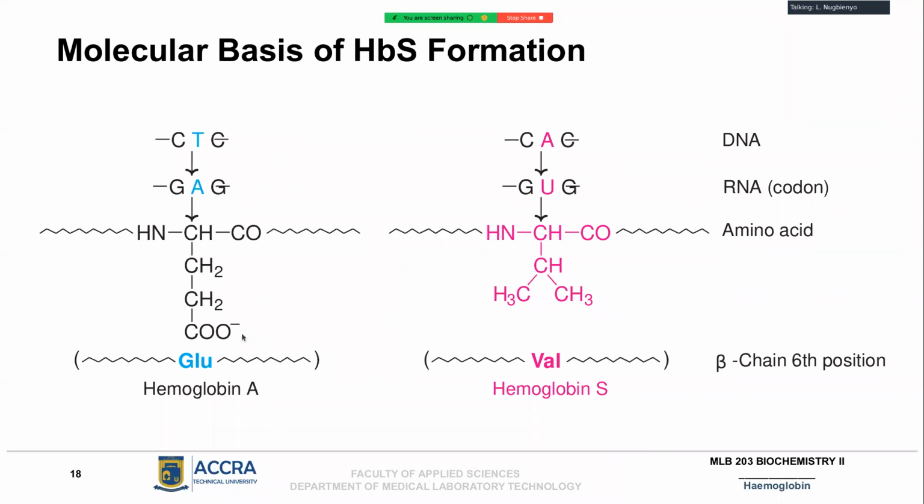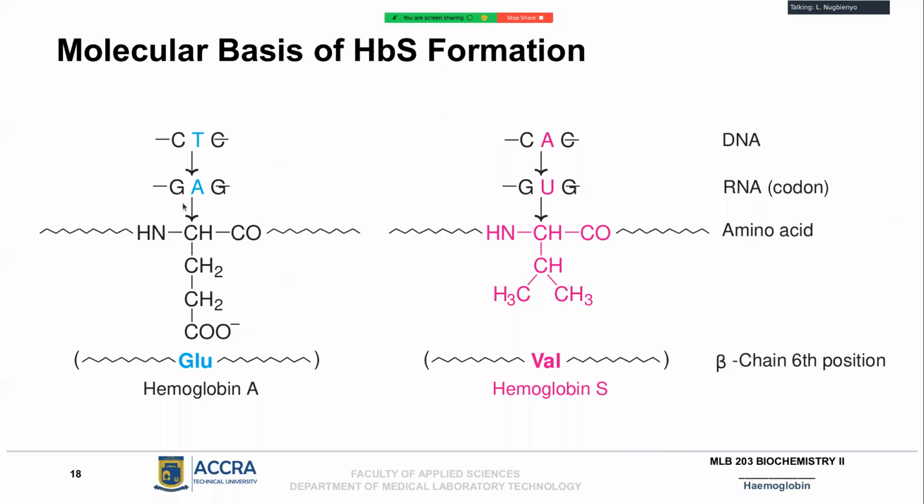Now, in a normal hemoglobin, the hemoglobin A, you have on the 6th position of the gene that is responsible for the synthesis of the beta chain, the beta globin, the code cytosine, thymine, cytosine. And that means the messenger RNA produced from that DNA strand will be guanine, adenine, guanine. These are the complementary bases to the bases on the DNA.